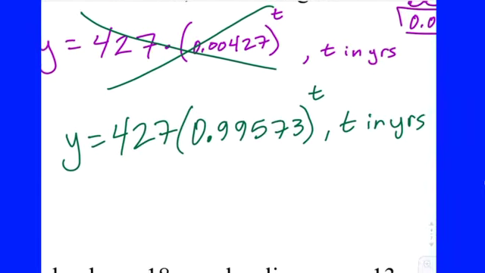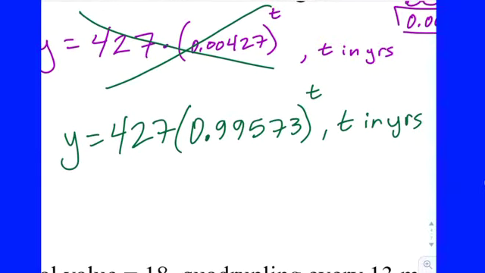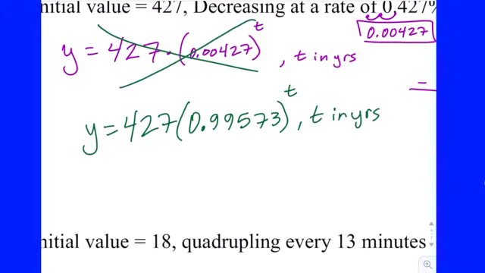Y'all got that? You always have to subtract from 100 or add to 100. If you want to work with percentages and then convert them, you have fewer zeros to work with. Okay, real quickly, let's do the same one, but let's measure it not in years, but in days. What would it be if we measure it in days?